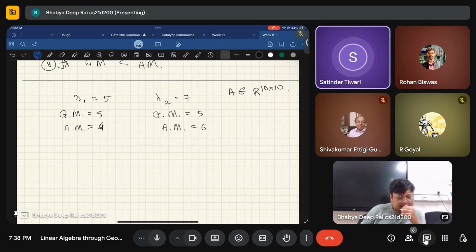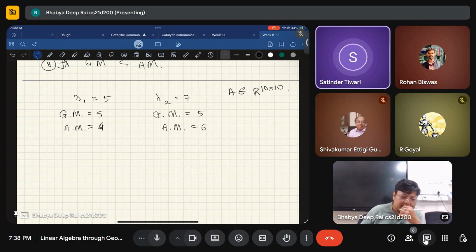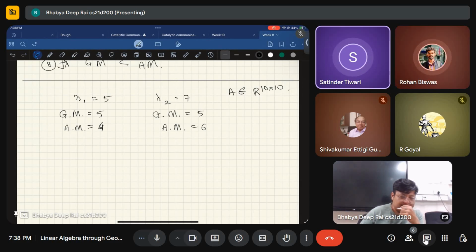Is it possible that geometric multiplicity will be greater than algebraic multiplicity? No, not possible. Why? Because I think the geometric multiplicity corresponds to the dimension, the number of basis vectors we get corresponding to the eigenvectors.